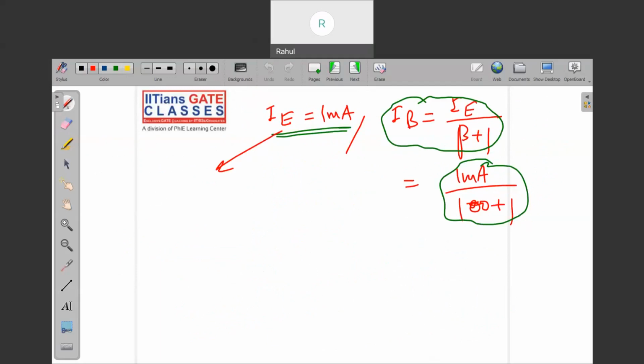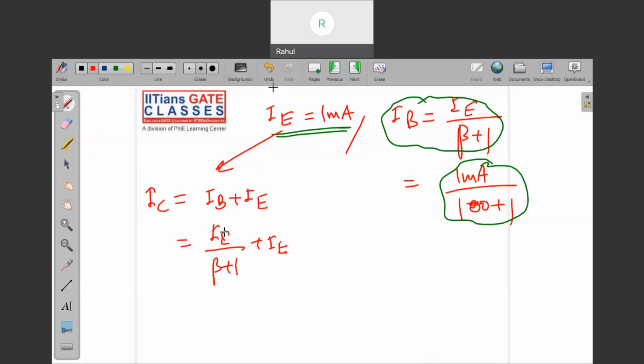So as we know, IC equal to IB plus IE, right? And here IB is given, so IB will be IE upon beta plus 1 plus IE. Wait, the mistake is here.